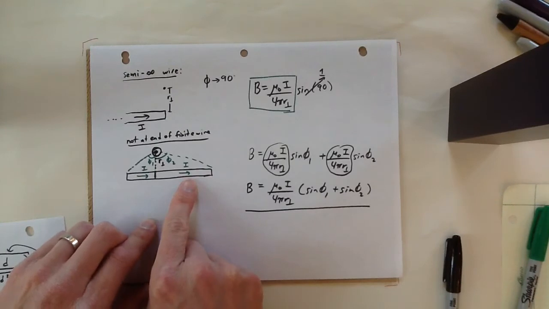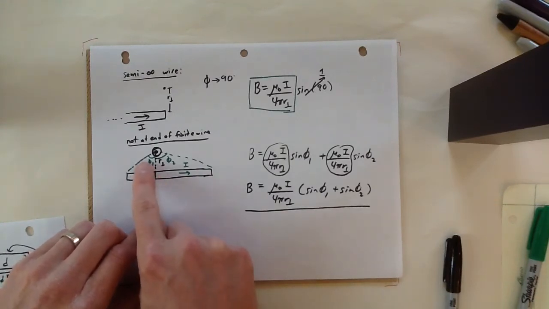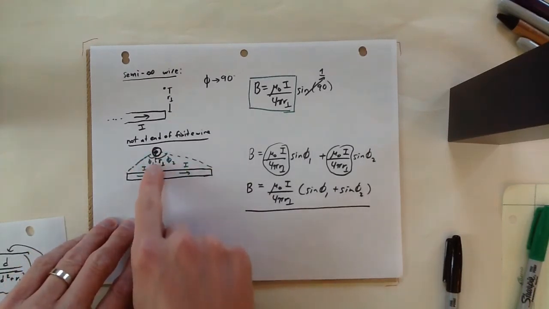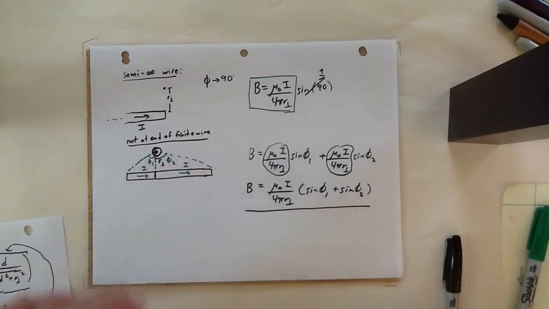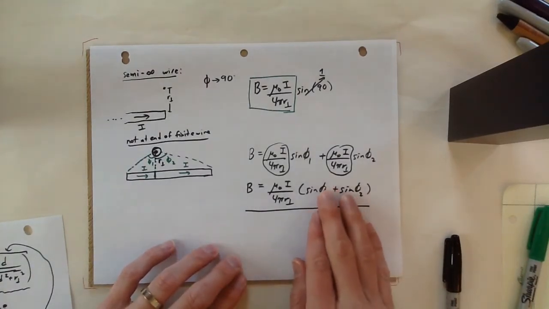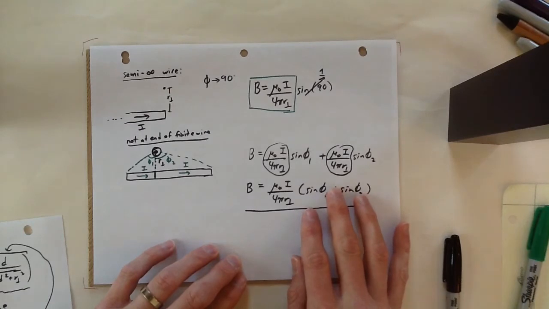All you need to do is be able to measure the angles to one end and to the other end off of the perpendicular distance. So this you can use a bunch. There's a homework question where you use this quite a bit as well.